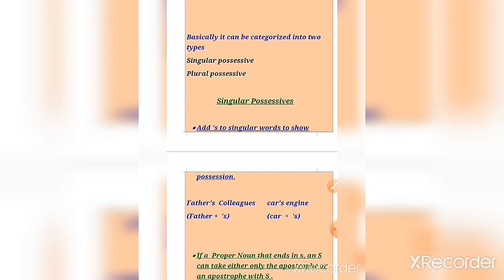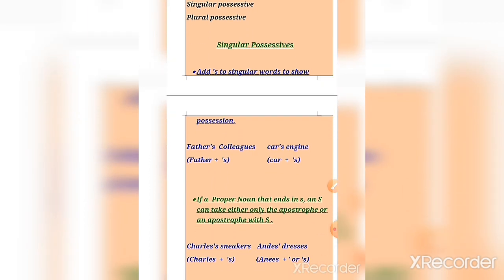Now let us see some points in singular possessive. First, add an apostrophe s to singular words to show possession. See father's colleagues, here noun plus apostrophe s, as father is one noun and colleagues is another. Car's engine is the same.